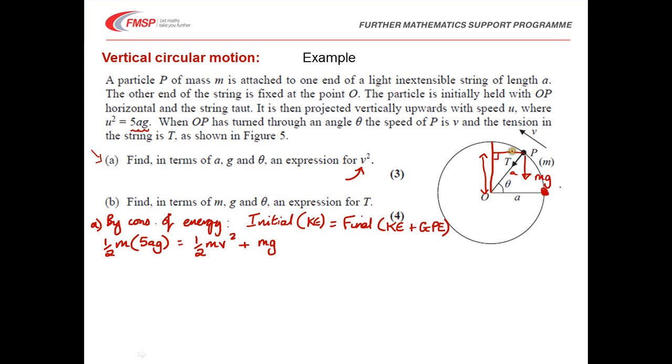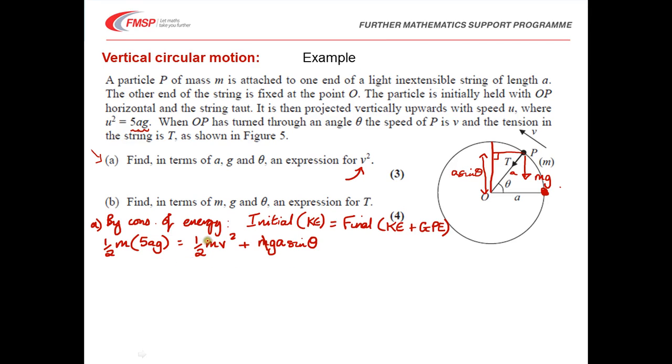And you can see, looking at this right angled triangle here, this is theta here, so this is also theta here. I hope you can see fairly easily that the height it's risen through is a sine theta, because the radius here is the hypotenuse, so the height is a sine theta, giving mga sine theta. We can do a little bit of tinkering to simplify this here.